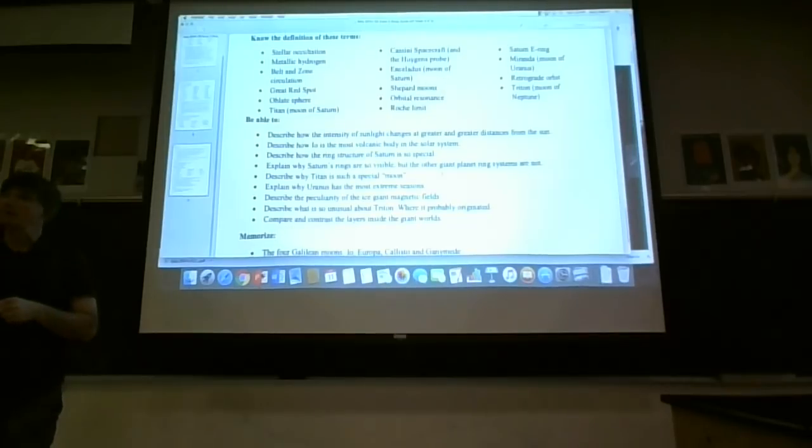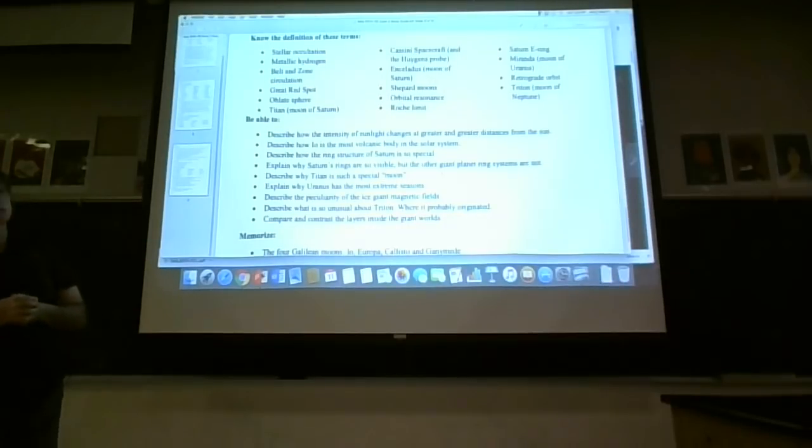The rings are really exceptional. They're so thin for such a large structure. Orbital resonance is the idea that the time it takes you to go around is some multiple of the innermost piece's, so that its gravitational tug can be exerted on you.